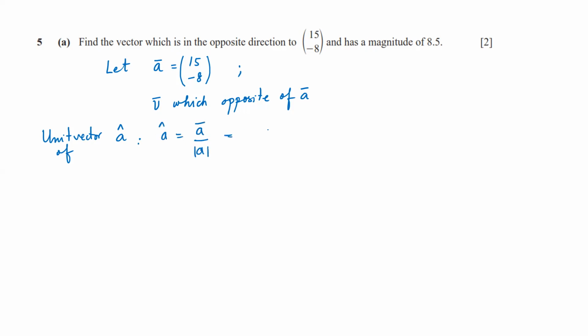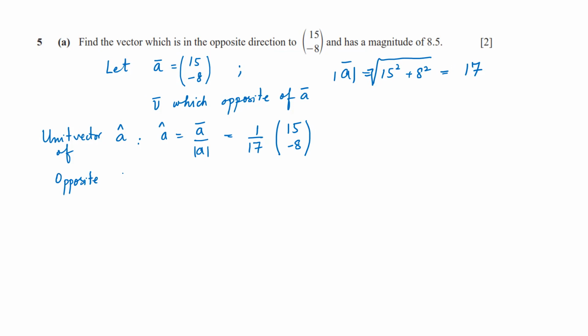The magnitude of A will be the square root of 15 squared plus 8 squared. This magnitude comes out to be 17. So my unit vector is 1 by 17 times (15, minus 8). Now we have to find the vector opposite in direction of A. It means that it should be in the direction of minus A hat.